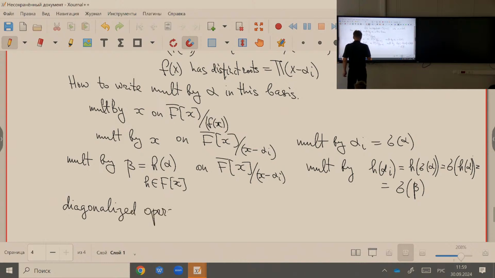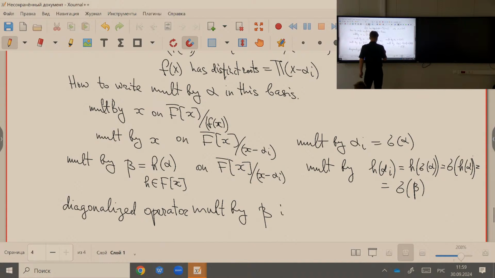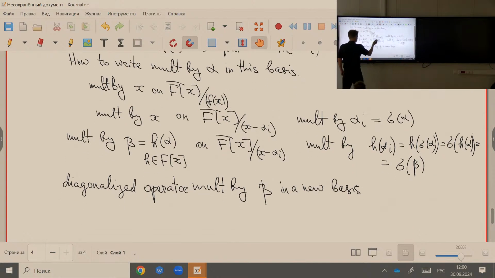The operator, multiplication by beta, in this basis, we have obtained that it is multiplication by sigma_i of beta.